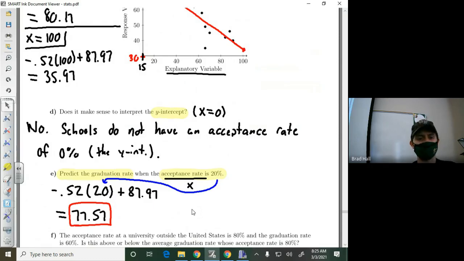This is used a lot in business. This is used a lot in sciences. People take trends in data and then use that to predict perhaps future trends or previous trends, or maybe trends in the middle that you might have missed. So this idea of a regression line is very important.